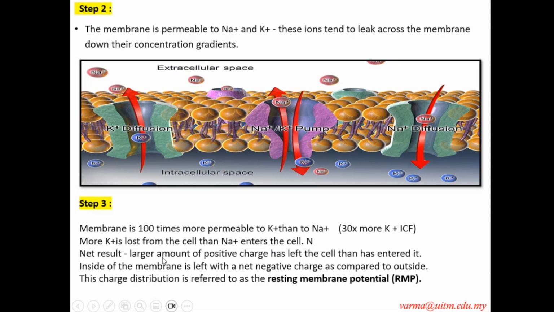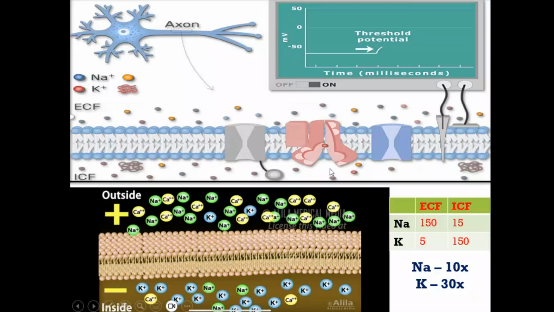Net result, a larger amount of positive charges has left the cell. The inside of the membrane is left with a net negative charge compared to outside. This is why it has a resting membrane potential of negative 70, which I mentioned here.